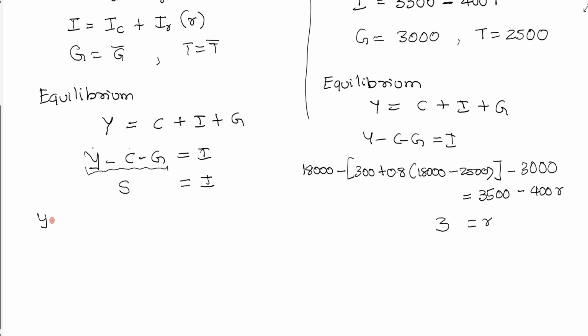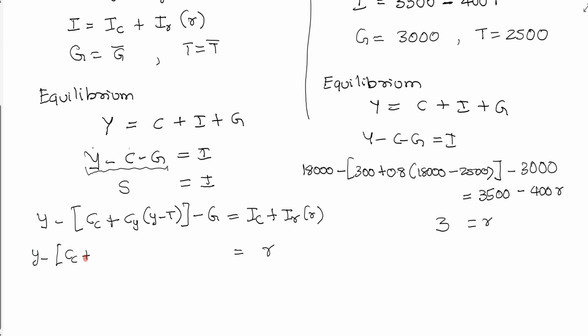We can say Y minus C, the constant or autonomous part of consumption, plus the MPC times Y minus T, minus G, is equal to the autonomous part of investment, the constant part of the investment function, plus I, which is a function of R. If you have to solve for R, it would be this entire expression: CY times Y minus T, minus G, minus IC, divided by IR. Remember, on both sides, this is investment, how sensitive investment is to the interest rate.